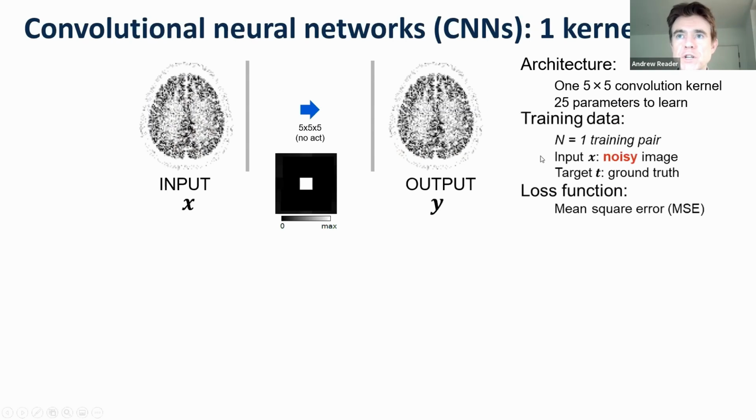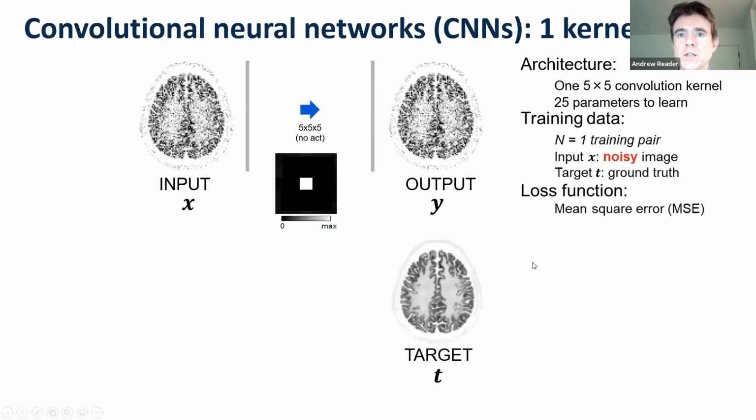But if I use training data, and this is the whole point of supervised learning as used in machine learning, deep learning, what we've got is an example of what we need to happen with this operator. So the input is a noisy image X, and the target would ideally be a high quality reference or ground truth. This is simulated data, so we have the ground truth.